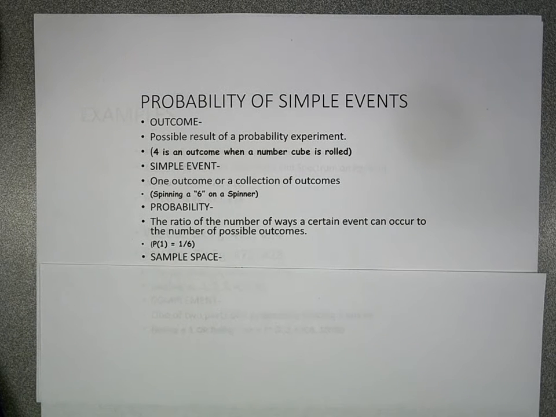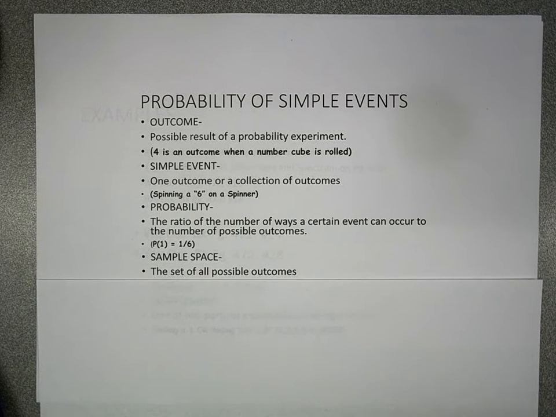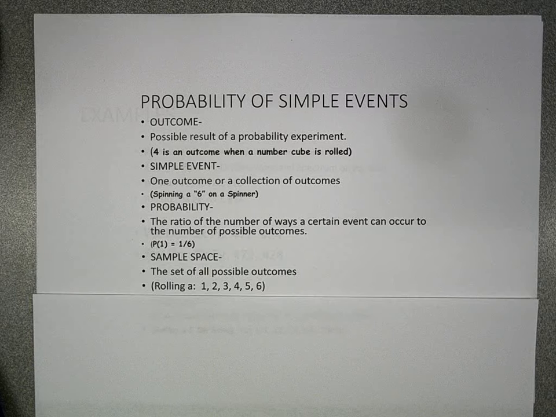Next word is sample space. Everyone? Sample space. Here's what a sample space is. The book says this is the set of all possible outcomes. Any kind of outcome that's possible when you're playing that game is what's called the sample space. So for example, you're rolling a number cube, so there's your sample space: 1, 2, 3, 4, 5, 6.